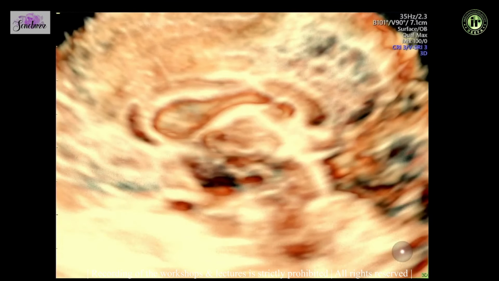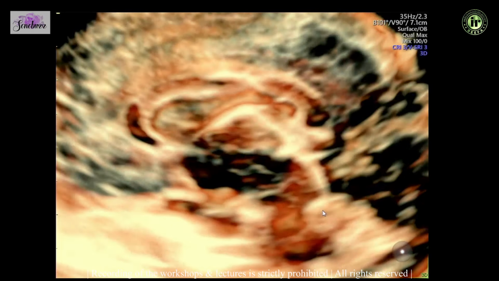and then you can identify the cavum septum, the tectal plate here, the midbrain, and then that's the vermis, but we are not focusing on it, so we are not getting a good view of the vermis.